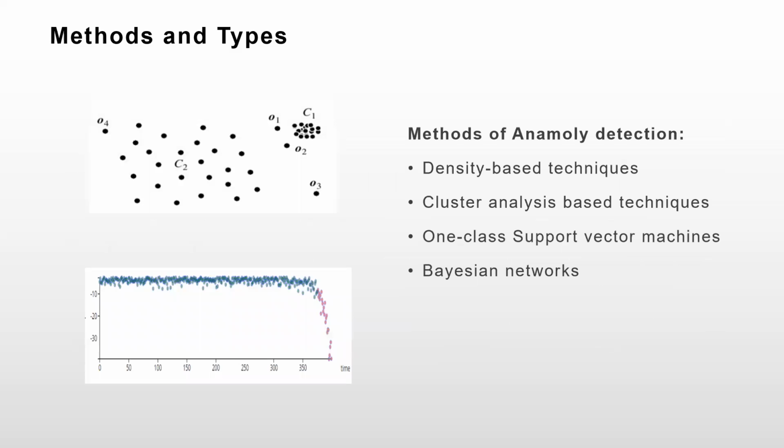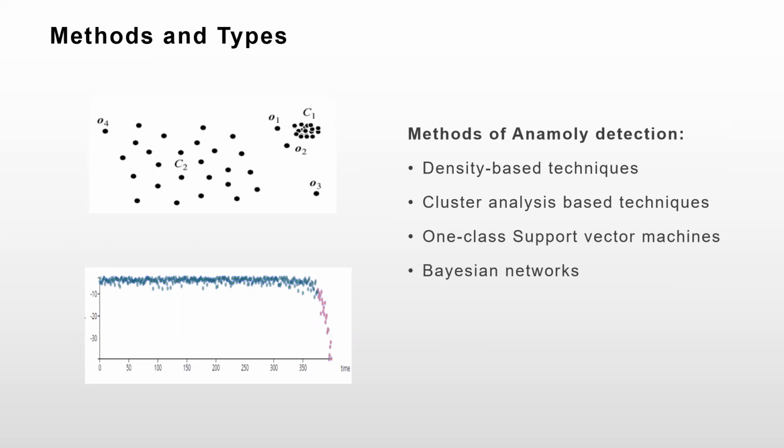And these are the methods of anomaly detection. Density-based techniques which include KNN, and cluster analysis-based techniques which include k-means clustering and Gaussian, and one-class support vector machine and Bayesian networks. Coming to density-based techniques, suppose we consider this first figure.